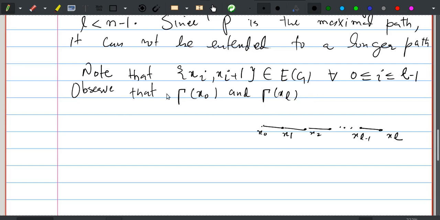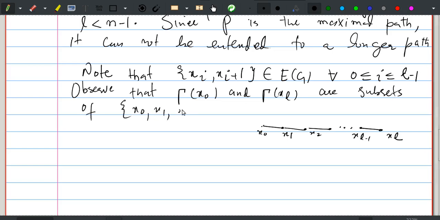These two sets are subsets of the set x0, x1 through xl, as we have mentioned that x0 and xl cannot be adjacent to any vertex other than these, because P is the maximal path.